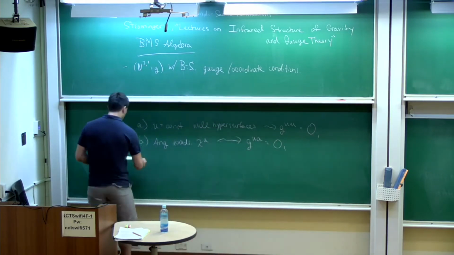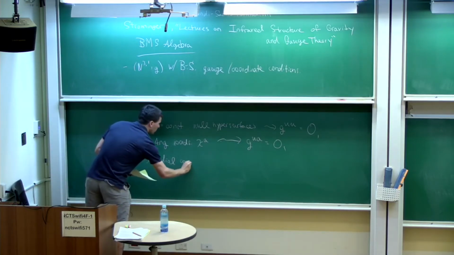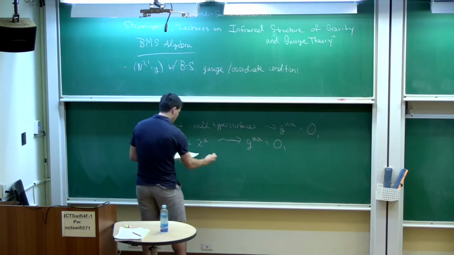And then finally, our radial coordinate r has some normalization.